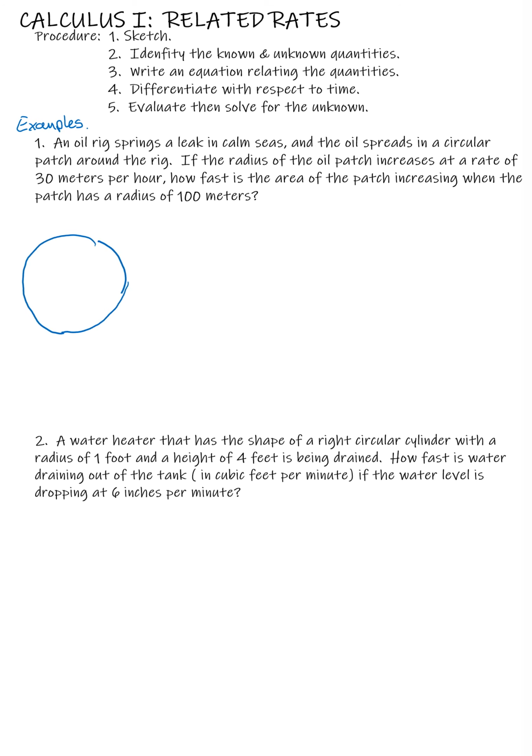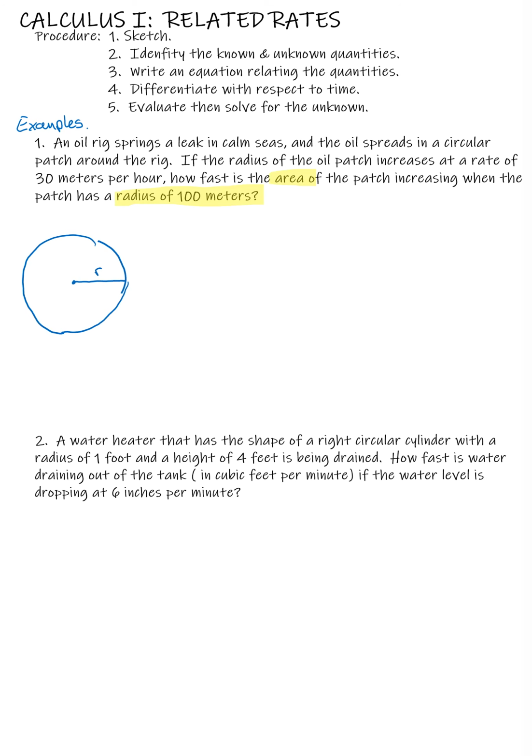We do know, of course, where the radius can be identified. So just to be aware, we are trying to determine the area of this patch when the radius is 100 meters. So that's what we're looking at.